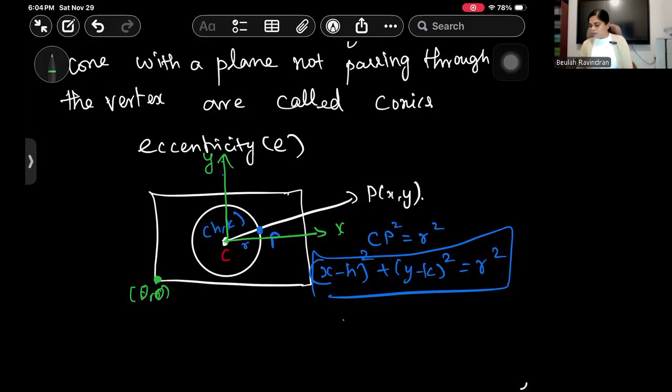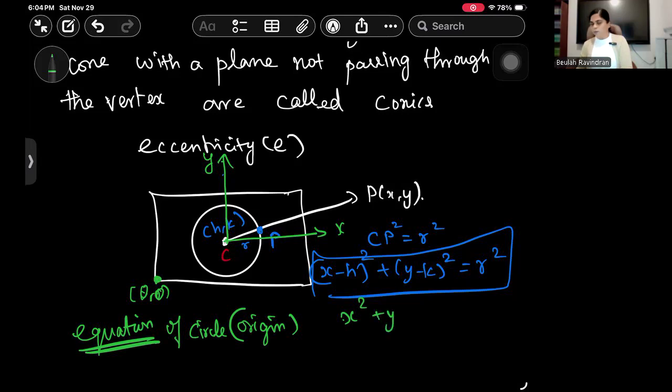Then the equation of the circle is x square plus y square equals r square. Last chapter you learned the equation of straight lines, here the equation of curves. This is all about the circle.